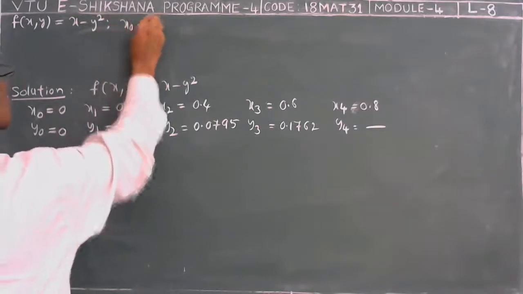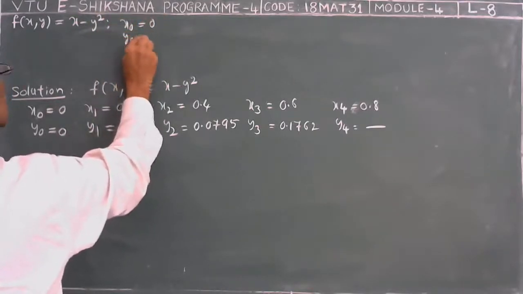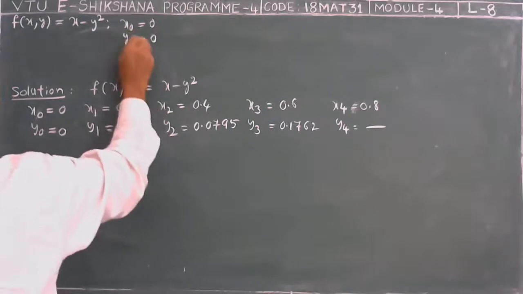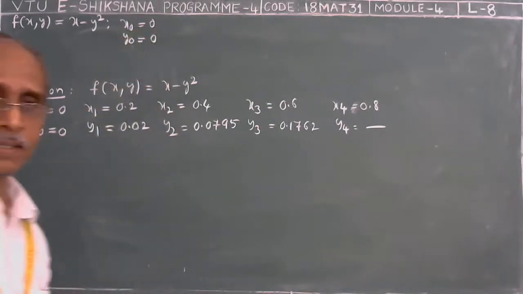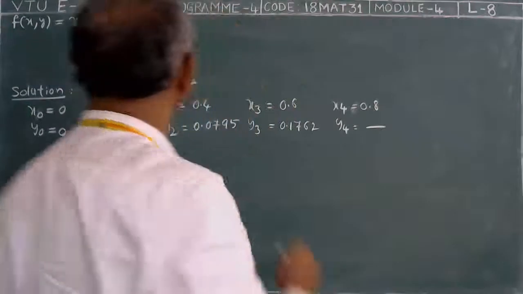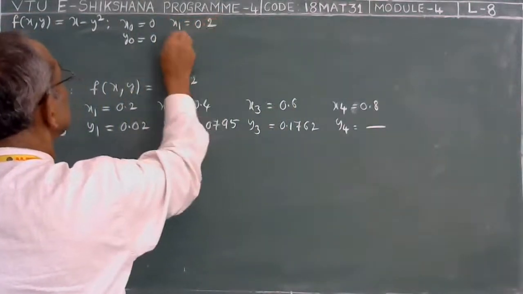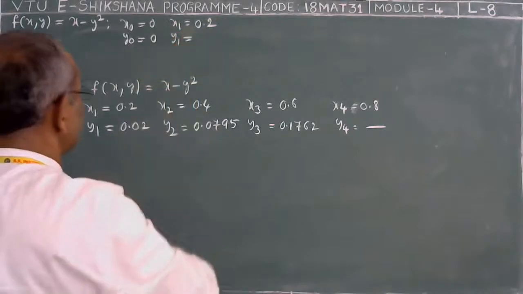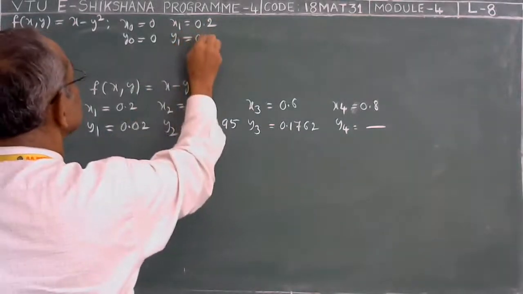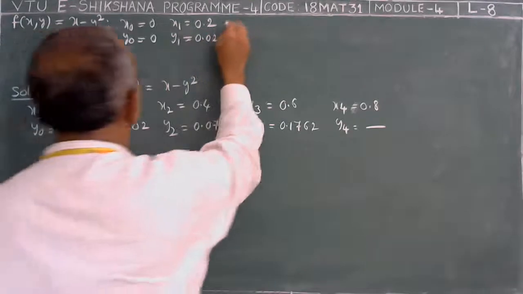Then x0 is 0, y0 is also 0. Then x1 is 0.2, corresponding value y1 is 0.02.